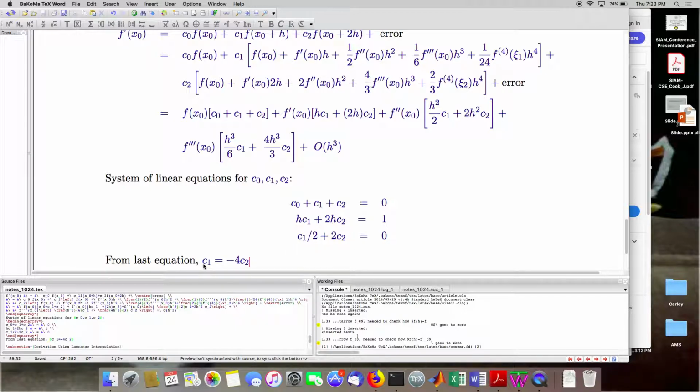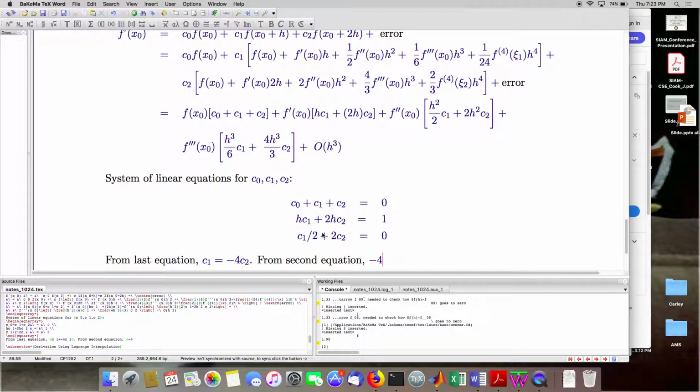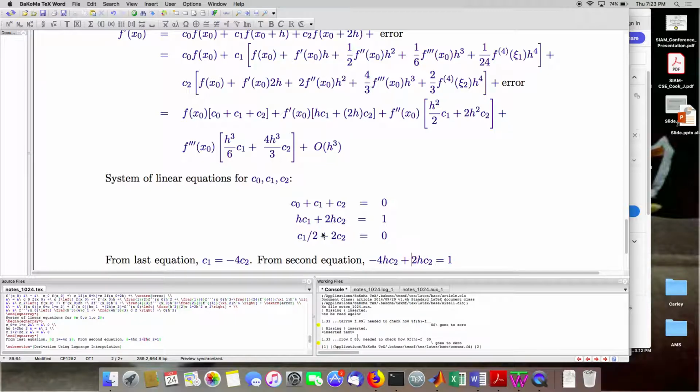Now I can substitute that in here. So from the second equation, I have minus 4h c2 plus 2h c2 is equal to 1. So I can combine like terms and get minus 2h c2 is equal to 1.